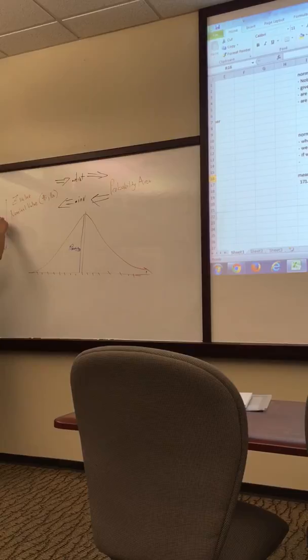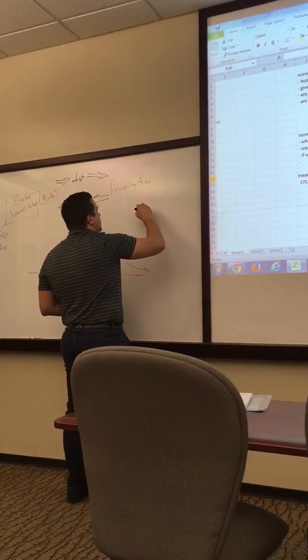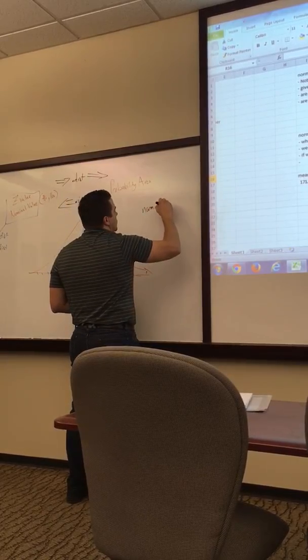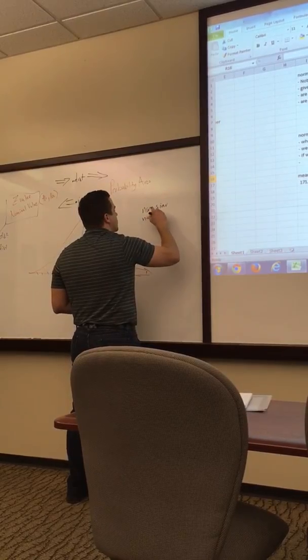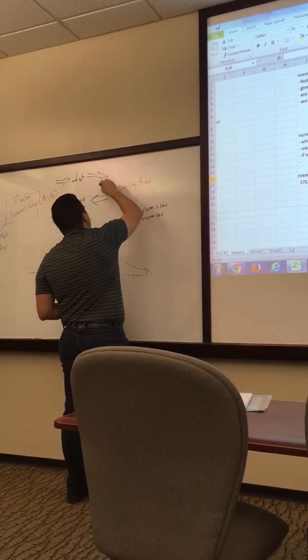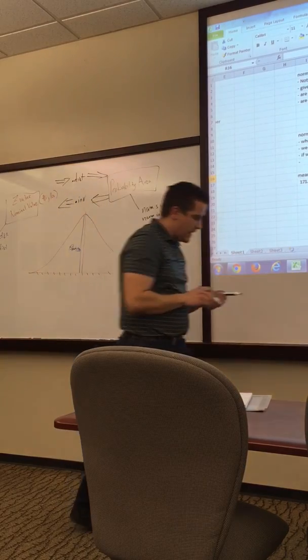If we have this information, we're going to use these equations, and if we're only given a probabilistic area, we're going to use the dot inverse.